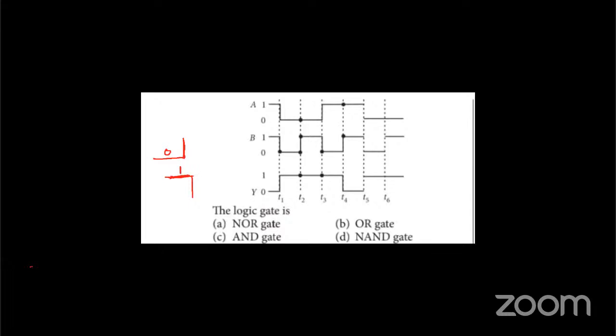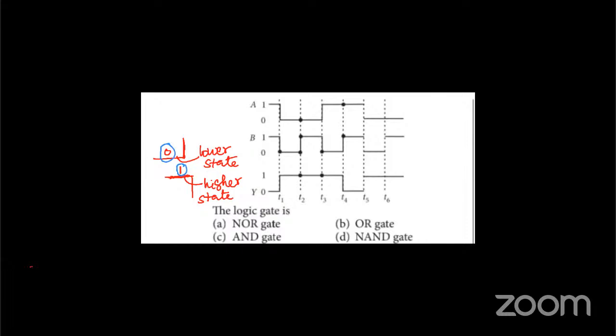So this is our lower state and this is our higher state. The lower state we represent as 0 and the highest state we represent as 1.